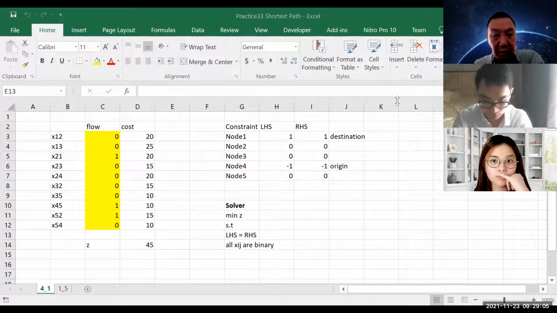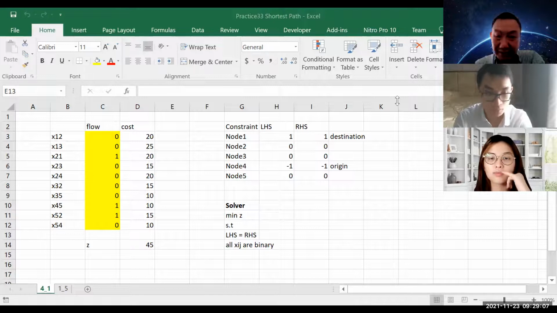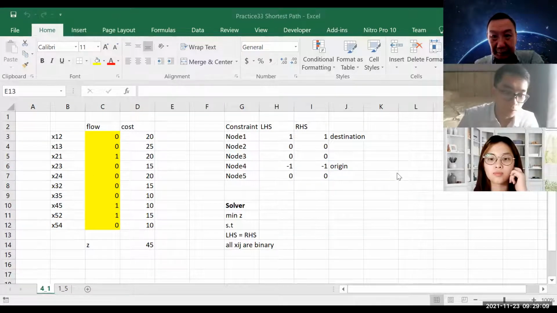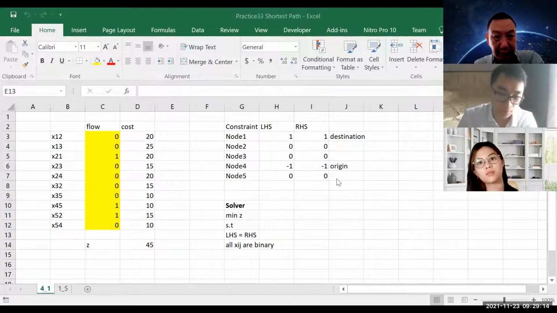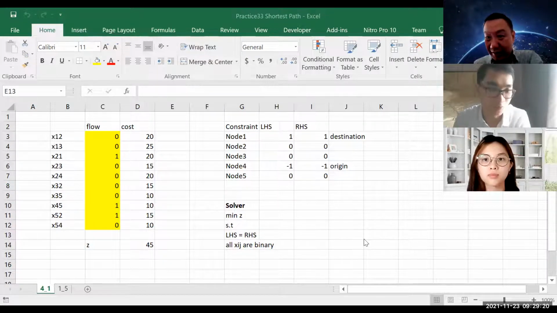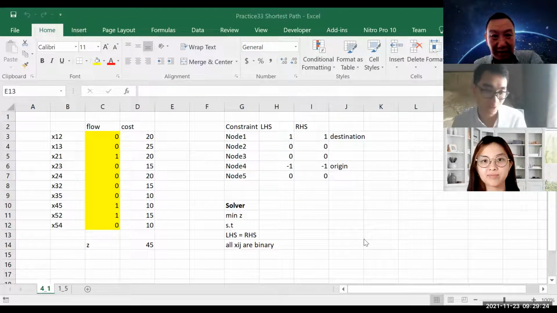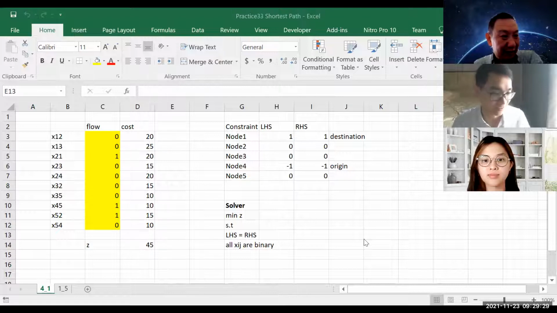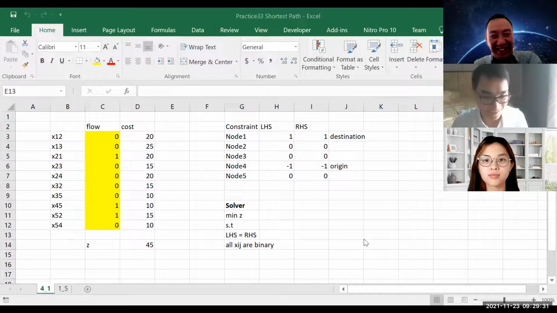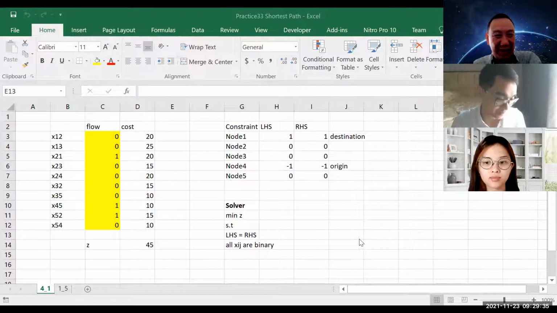Oh, Joy is out. Joy just disconnected. She said she's having internet problems. This morning I also had trouble. Earlier in the morning I was trying to connect to the Zoom for your class, but it couldn't open until I used a hotspot from my phone.